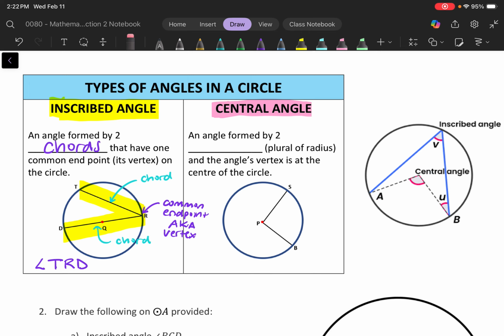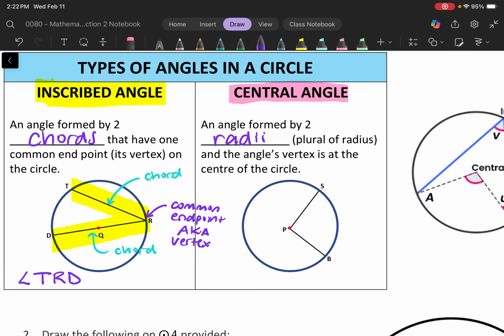Now, the nice thing about the name central angle, it kind of makes a lot of sense. It's an angle that has its endpoint, its vertex, in the center. So, by definition, it's an angle formed by two radii, which is really just the plural for the word radius. And the angle's vertex is at the center of the circle. So when I take a look at this diagram here, I have this first radius, I have the second radius, right?